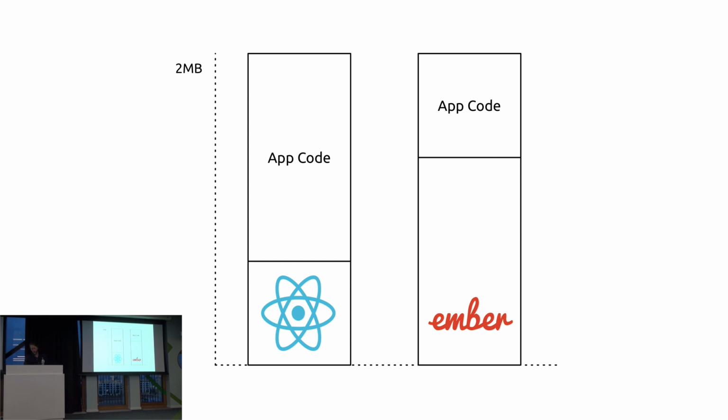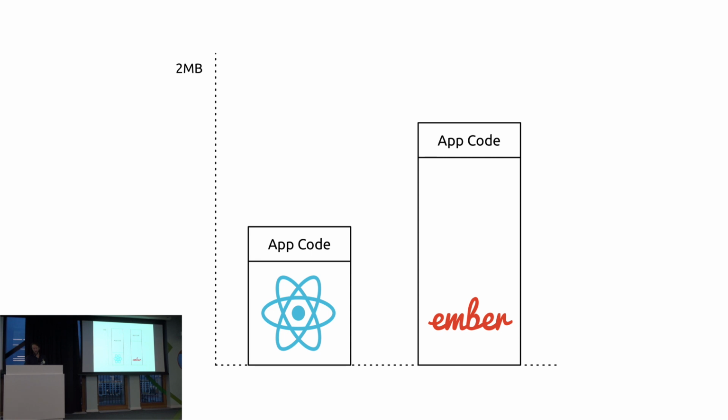But in small projects, or in projects where people want to migrate their static page to a more modern version using some JavaScript framework, you would end up with something like this, where you don't actually need most of what Ember gives you because you just want something that lets you render components, and maybe you just have a small layer of application code because you don't have so much functionality and not so much complexity in the area of things that you're building, right?